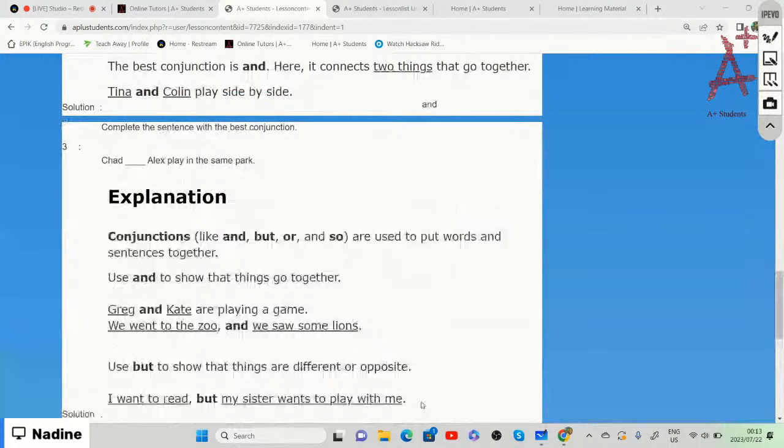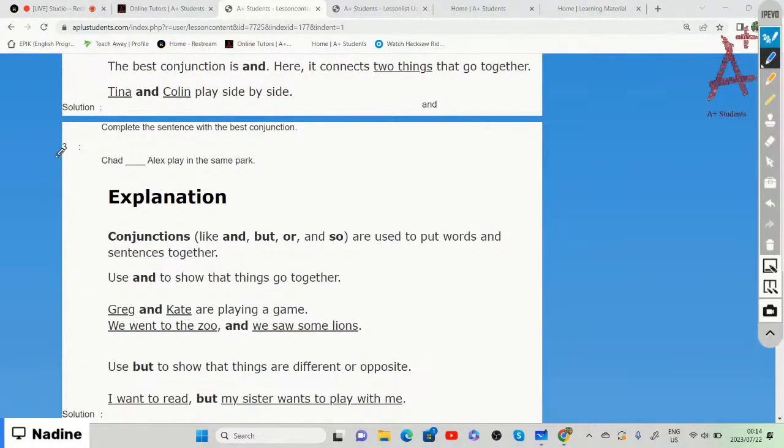Chad play in the same park, right? Once again, if we have something like this, then we can say it is and. So Chad and Alex play in the same park. The conjunction and over here is used to put words or sentences together. And remember, a conjunction joins words, or sentences, or phrases.